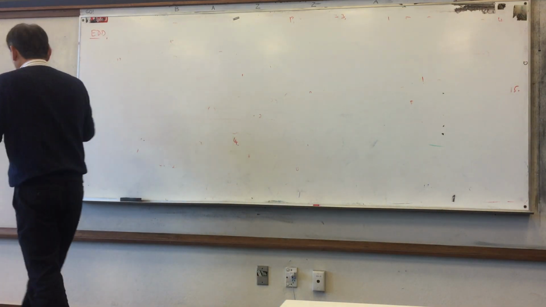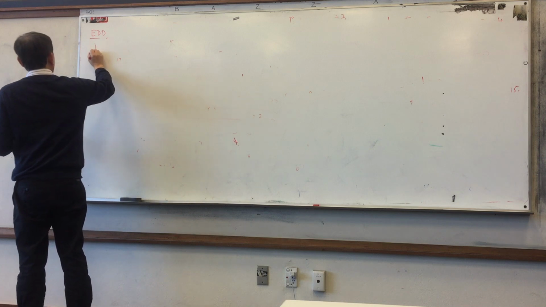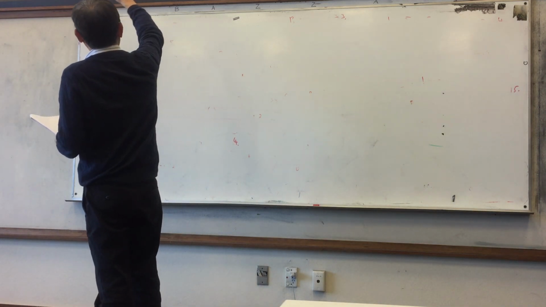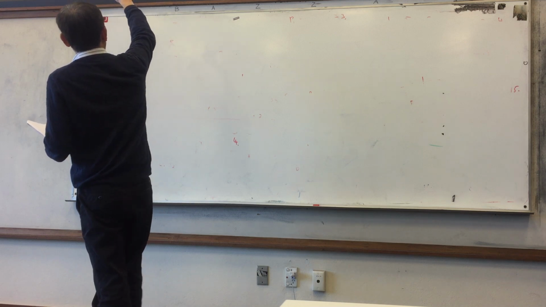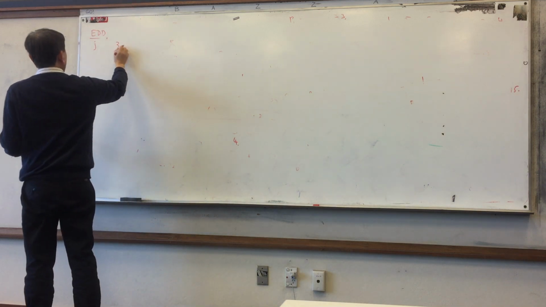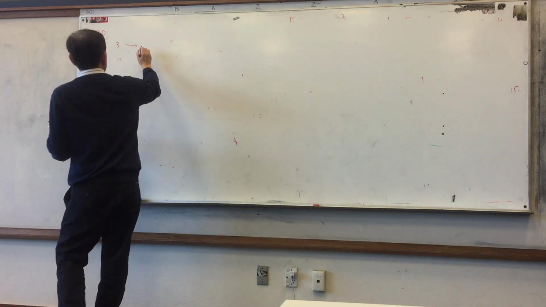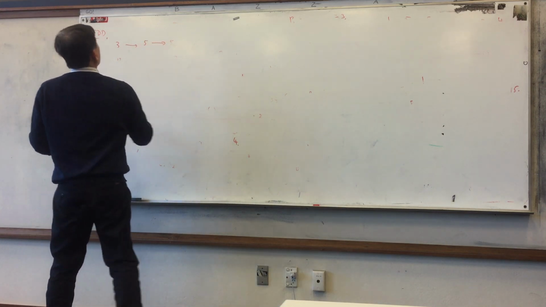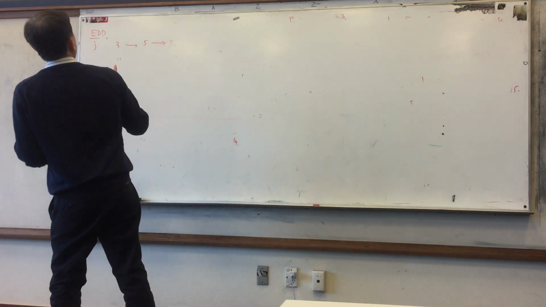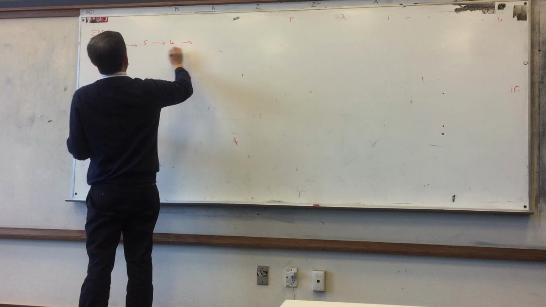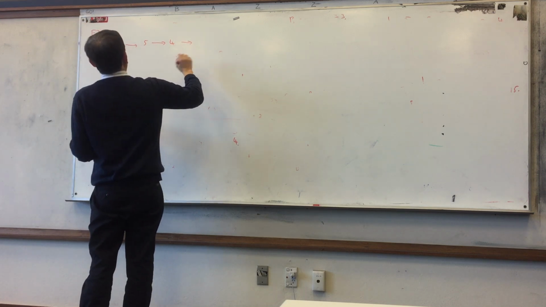First, I'm going to organize the jobs in terms of due dates. The shortest one is 31, so that gives you job 3. Then the next one is 32, so that gives you job 5. Then the next one is 33, so this is job 4, and 45.